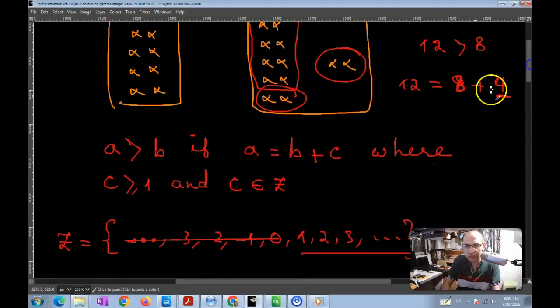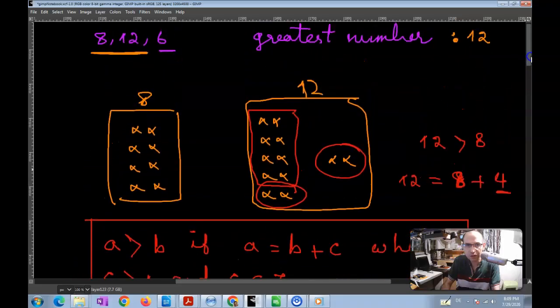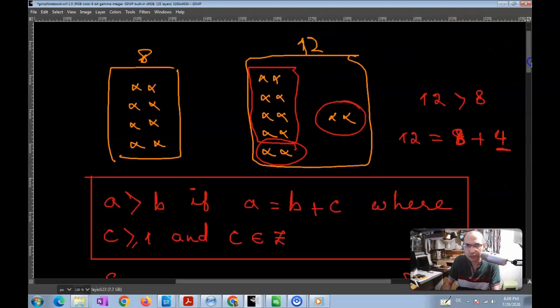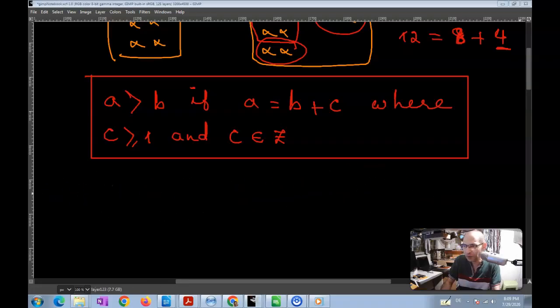Now using this statement, you can compare any two numbers. For example, if I were to compare the same numbers 8 and 12, I could simply say that we said A is greater than B, meaning that 12 is greater than 8. Now instead of "if," I could write "because," which you would write as 3 dots like this.